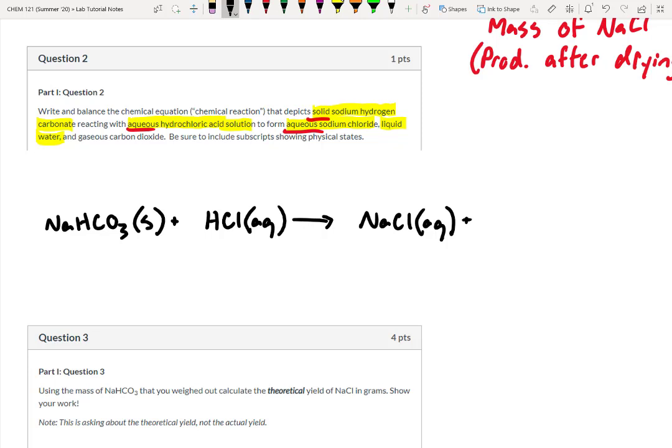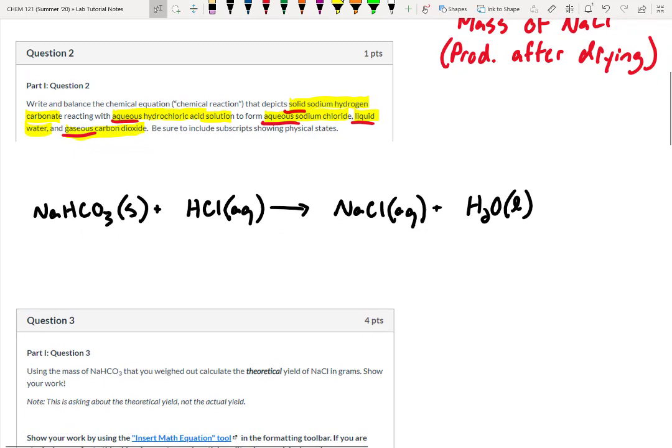So I'm going to write water, but then do a cursive l to indicate that it's in the liquid state. It's not steam, it's not ice, nothing like that. And then last but not least, we've got gaseous carbon dioxide. Again, we want to include the symbol g to indicate that it's in the gas state. So let's zoom out a little bit. I'll write CO2, that's carbon dioxide. It's a gas, so I'll put in the g right there.